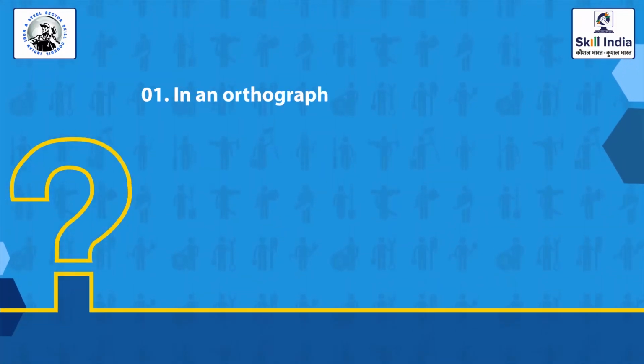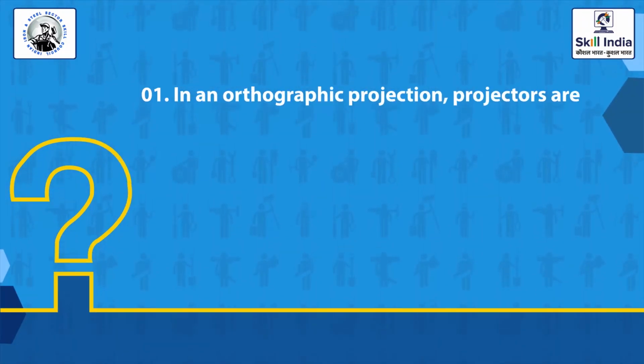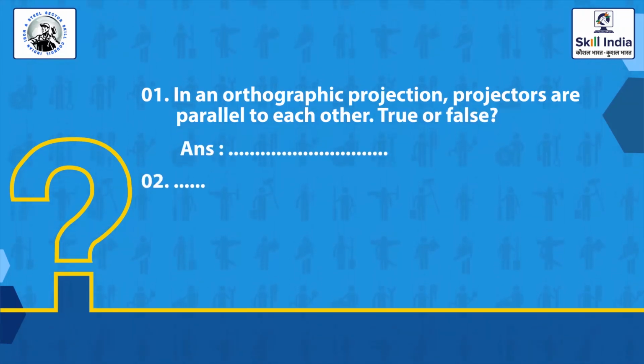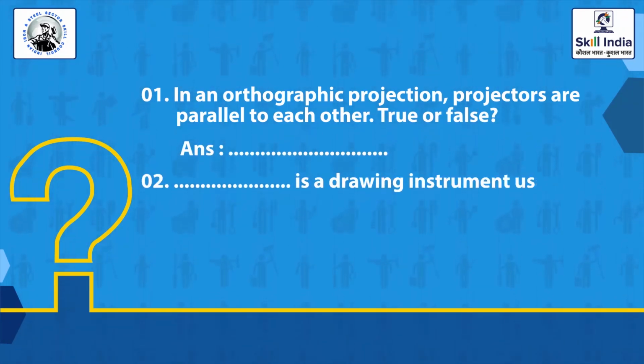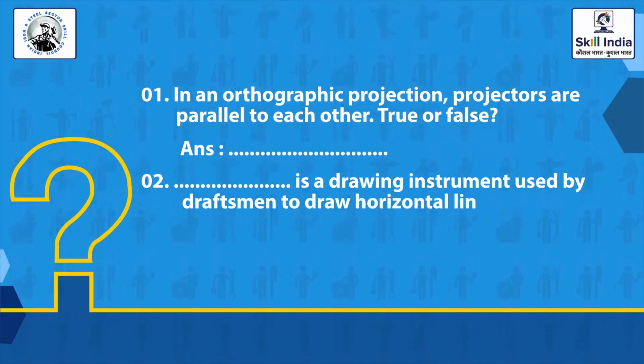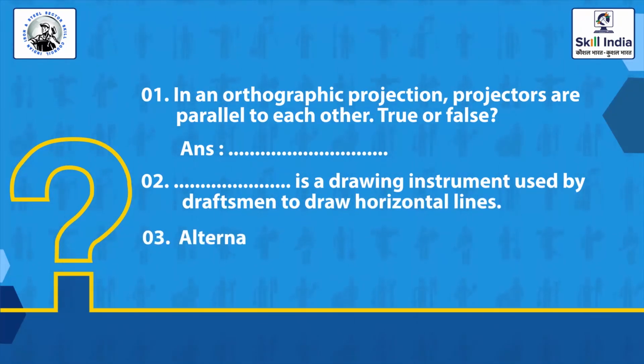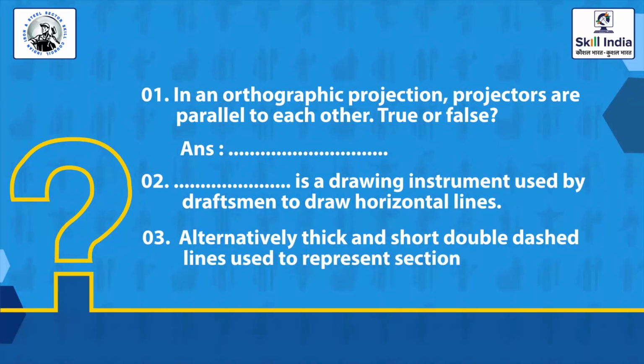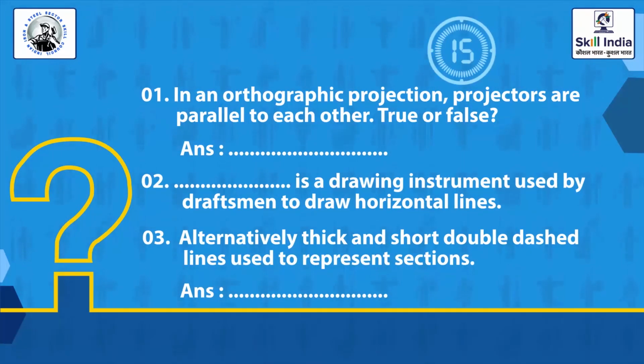Question 1. In the orthographic projection, projectors are parallel to each other, true or false? Question 2. Dash is a drawing instrument used by draughtsmen to draw horizontal lines. Question 3. Alternately thick and short double dashed lines are used to represent sections, name them.